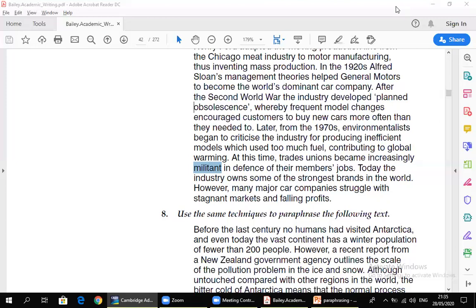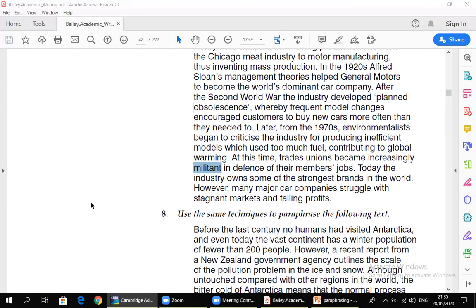Maybe we can keep it like union, no problem. Okay, trades unions became increasingly militant in defense of their members' jobs. So they stood against, or fought against this in terms of their members' jobs.